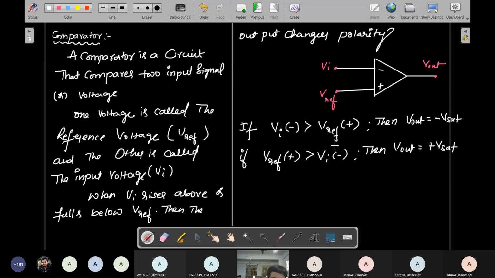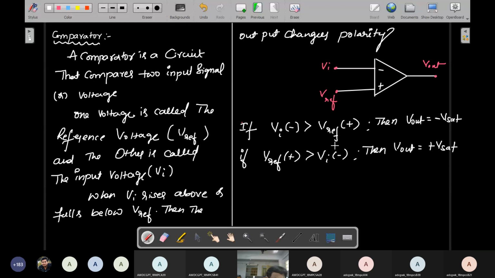Depending on the input voltage and reference voltage, the output is saturated in the negative or positive region. I'll draw 4 cases on the next page to see how the saturation condition exists.